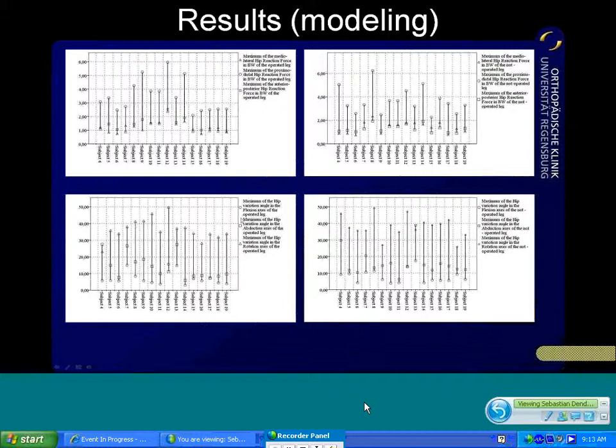Down here we can see the hip variation angles, which are represented by circles, squares, and triangles as well. The circle represents the hip variation angle in the flexion axis. The square represents the hip variation angle in the abduction axis, and the triangle represents the hip variation angle in the rotation axis, here in the operated leg and in the not operated leg.